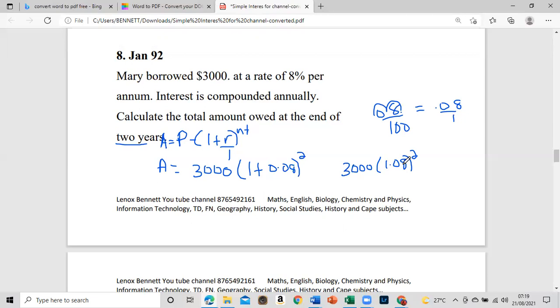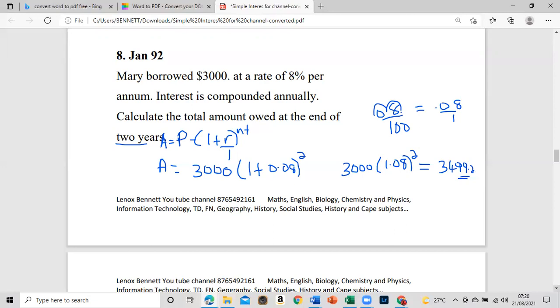Those guys were excellent at compound interest. So it's 3,499, almost 3,500. And that would be the answer.